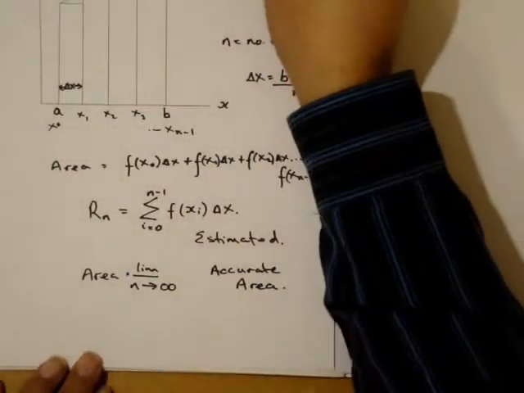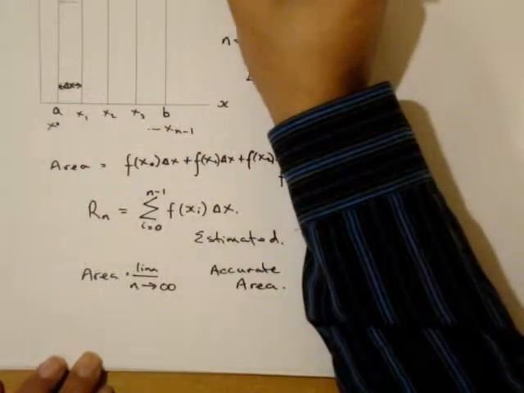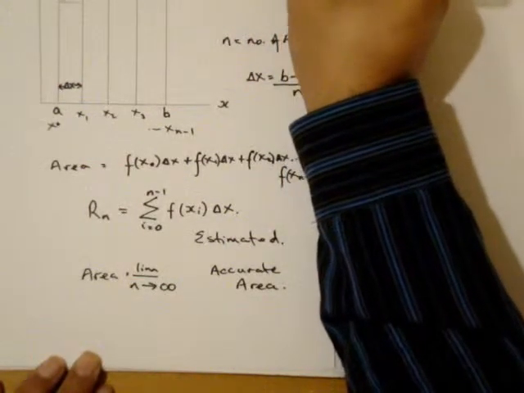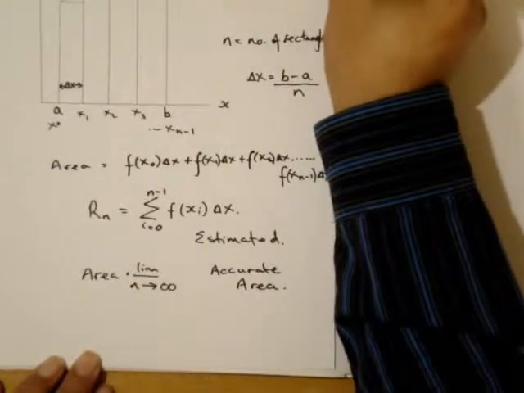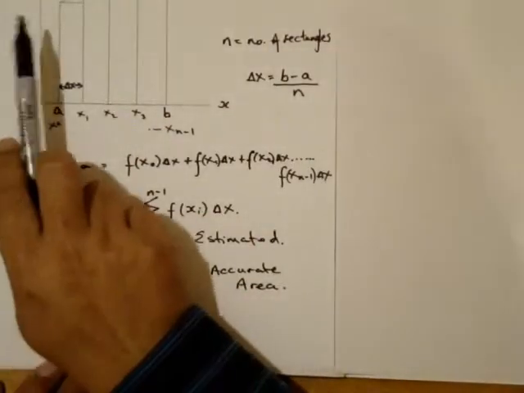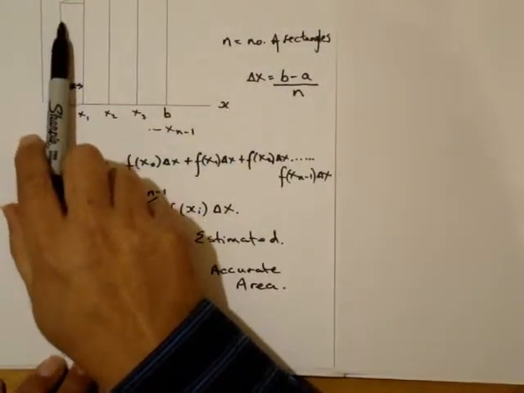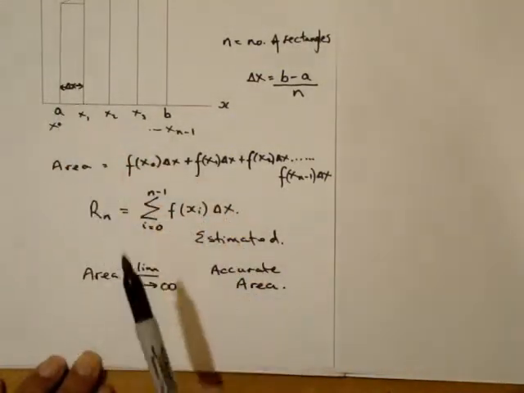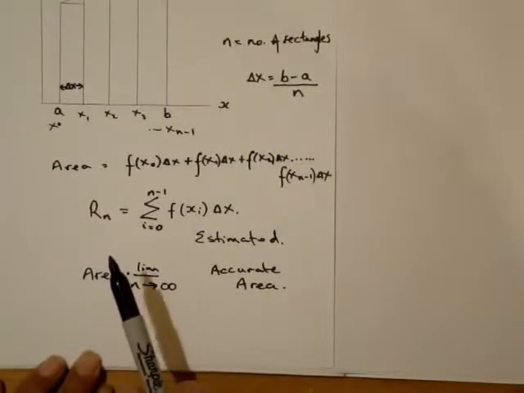This is called the left-hand sum, because we're taking the left hand of the rectangle to be the length of the rectangle, or y.